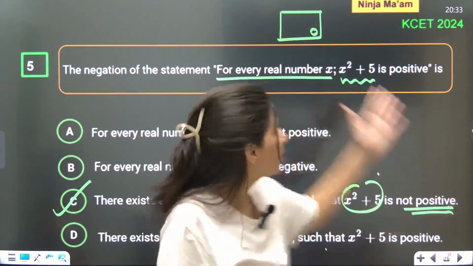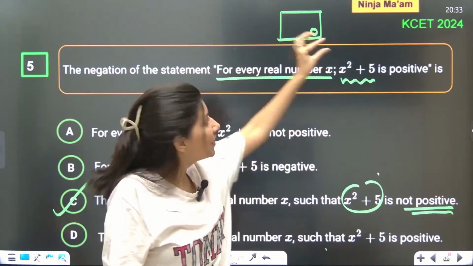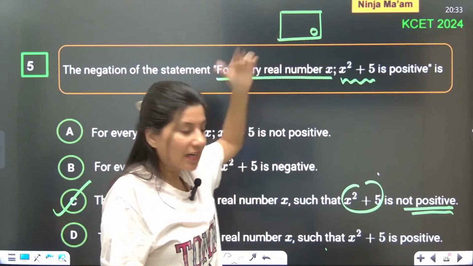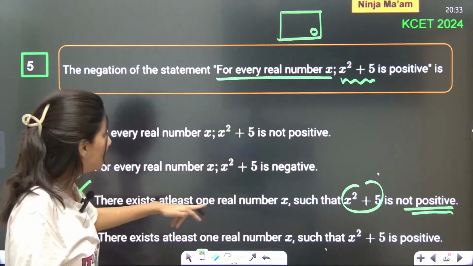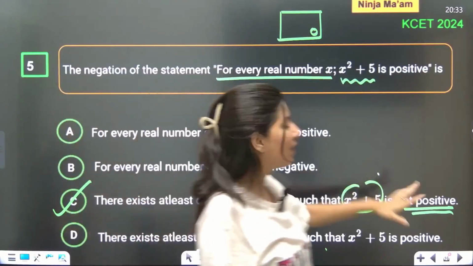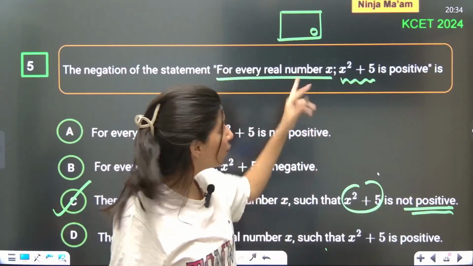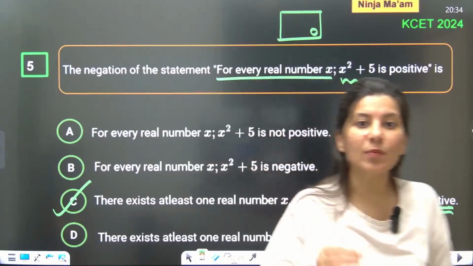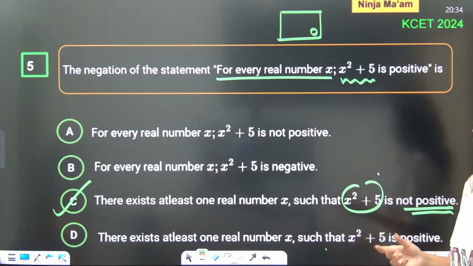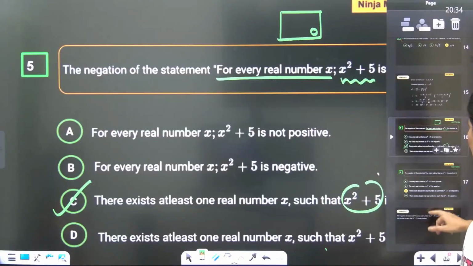How can we trust the whole rectangle when the circle inside is a lie? Same thing is happening. There exists at least one real number x such that x square plus 5 is not positive. So to prove it wrong, we don't need x square plus 5 to be always negative. No. We just want one thing to prove it wrong.